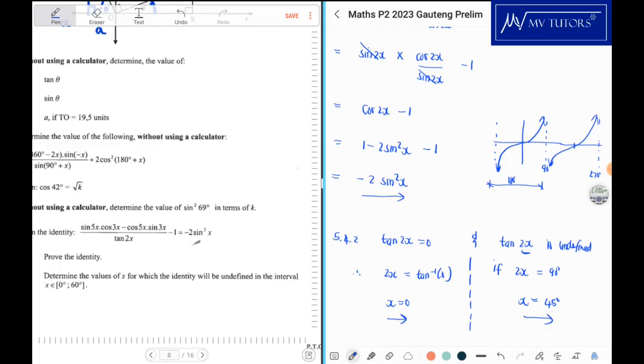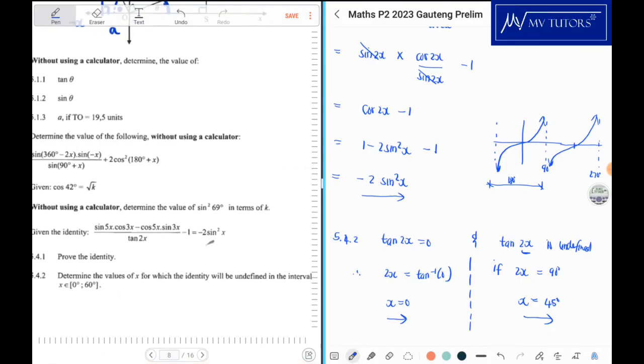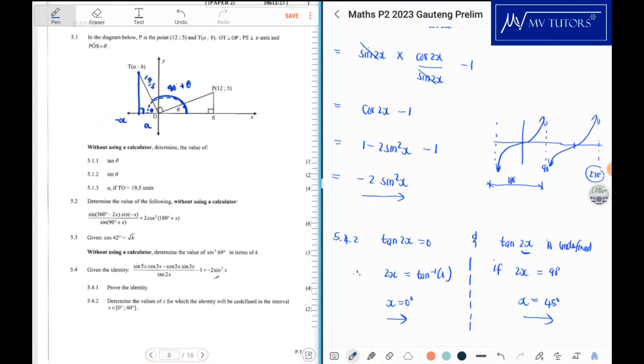We could go on and on, but they gave us a domain where x has to be in between 0 and 60 degrees. If it was more than that, we would have said where 2x is equal to 270, and after every 180 degrees, we would have determined the answers. But for now, 0 degrees and 45 degrees are within the domain that was given, so we can stop there.